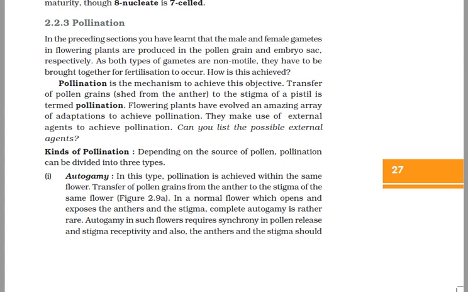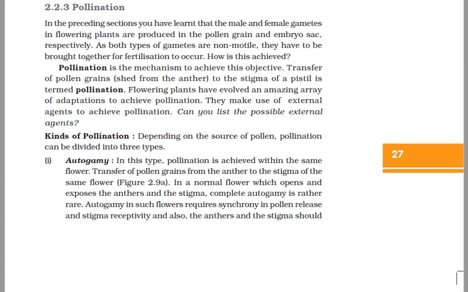Now we switch to another type of pollination, that is cross pollination. It is the transference of pollen grains from one flower to the stigma of another flower on a separate plant of the species, and it is also termed allogamy.